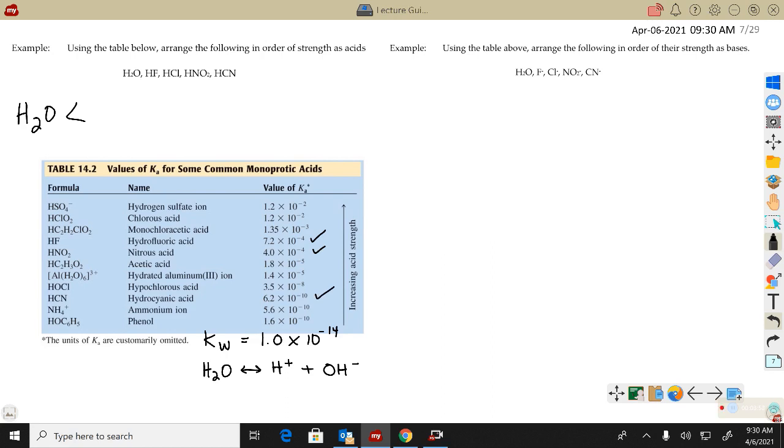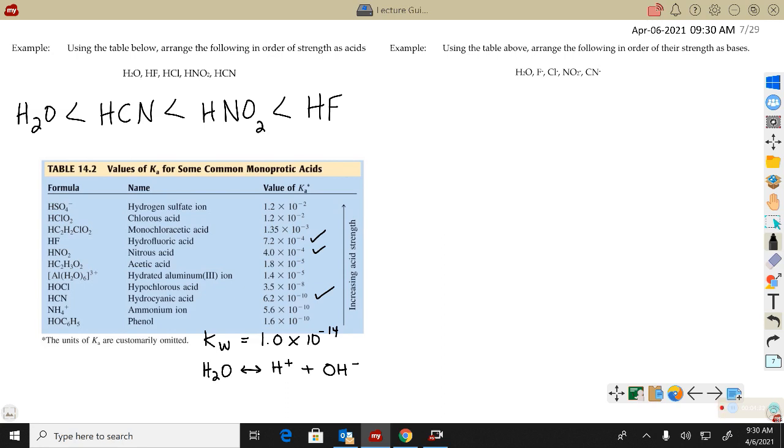So let's say I'm going weakest acid to strongest acid. Well, then the next smallest dissociation constant would be the HCN. And if I'm looking at this chart then, the next smallest dissociation constant would be HNO2. Then just a little bit stronger would be my HF.